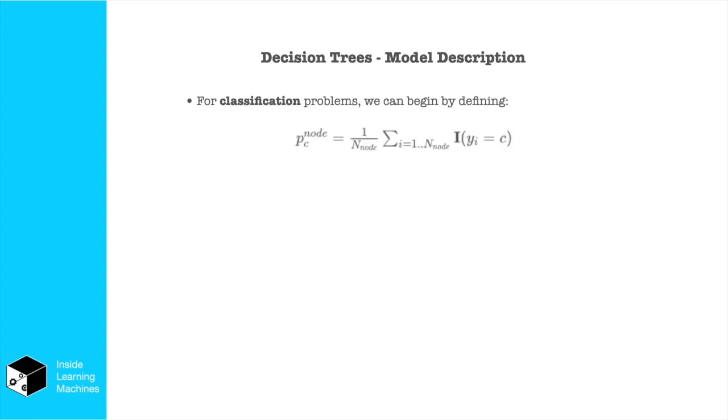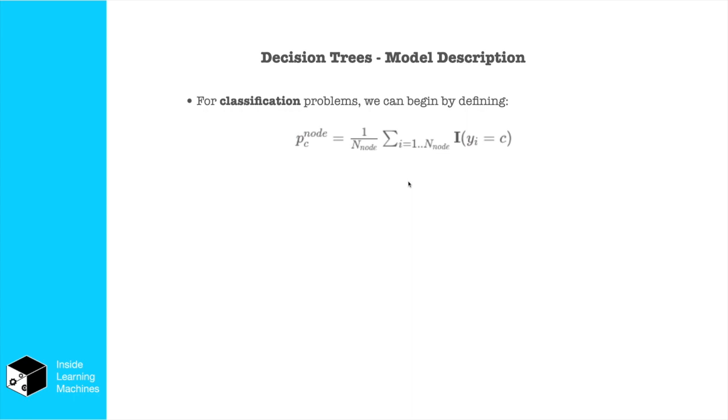We can start by working out the proportion of labels of a given class C that have arrived at the node. We simply sum up each occurrence of class C at a given node divided by the number of samples at the node, and that gives us this parameter P node C.